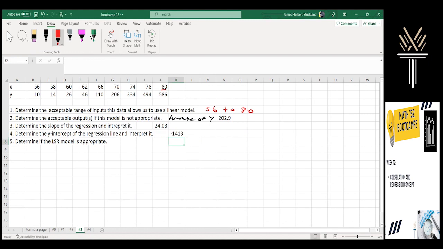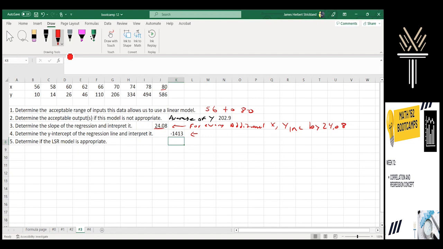This is saying that for every additional x, y, because this is positive, increases by 24.08. So every time I add 1 x, I add 24.08. And what does this say?